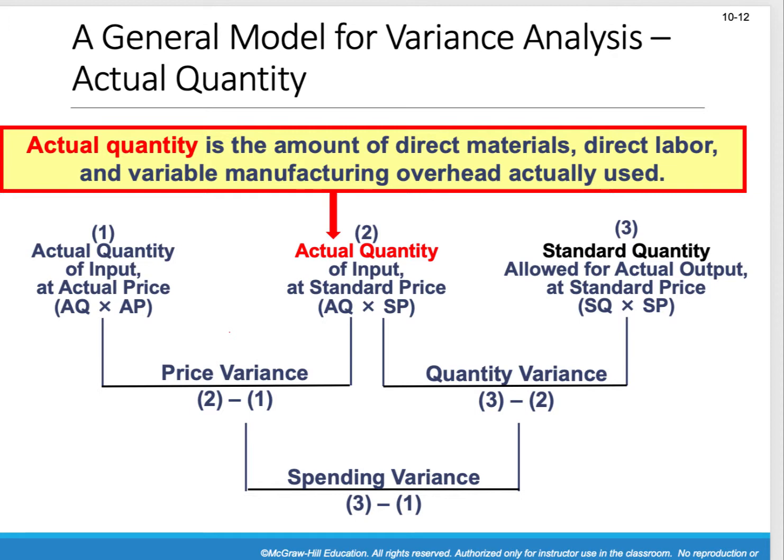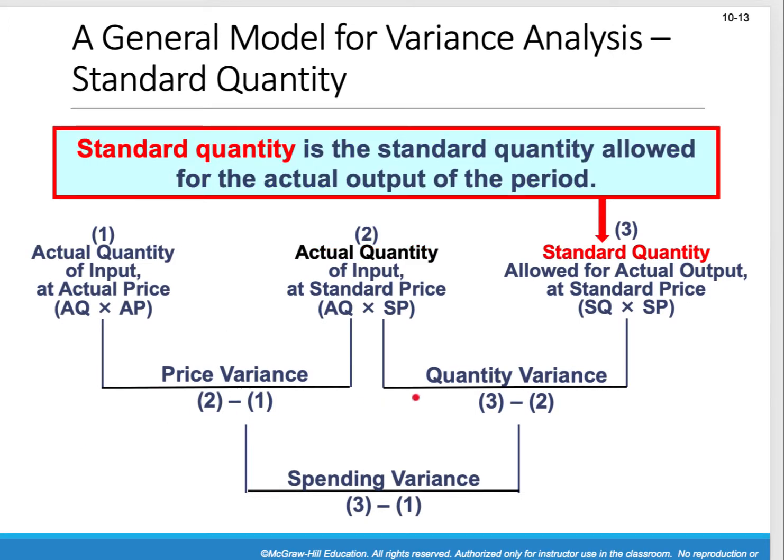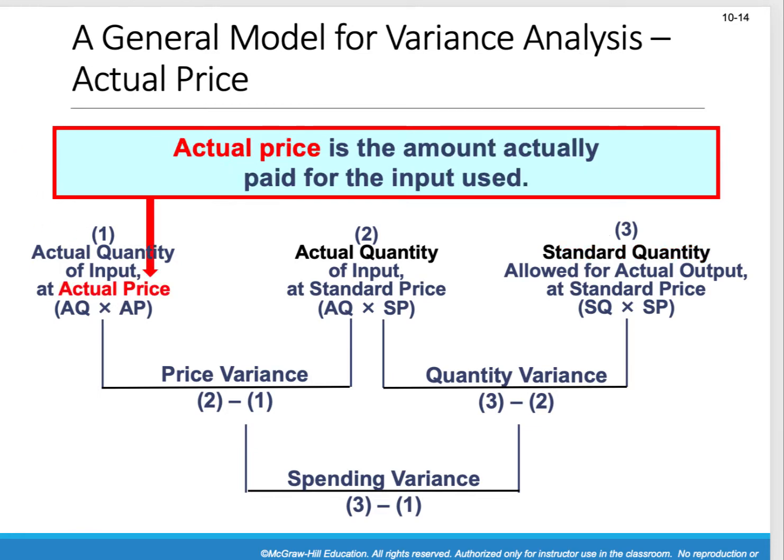The standard quantity, that's the standard quantity that's allowed for the actual output for the period, okay? This is pretty important, recognizing that, because we're going to get into some examples where we may have to calculate what the actual quantity is, as long as we know that that standard quantity is really the quantity that's allowed for that actual output for the period, okay? And again, we'll work on examples for that.